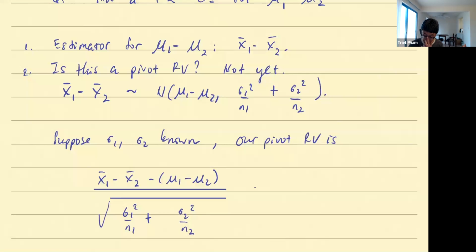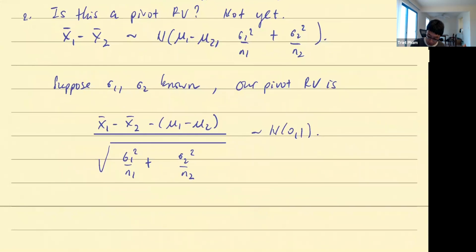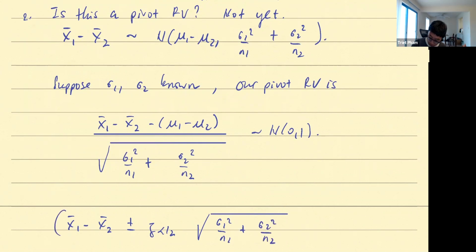Which obviously has a standard normal distribution. So in this case the confidence interval is x bar 1 minus x bar 2 plus minus z alpha over 2 square root of sigma 1 square over n1 plus sigma 2 square over n2. That's our confidence interval.